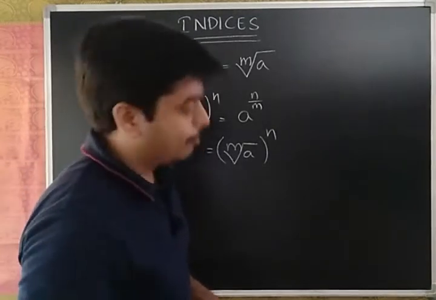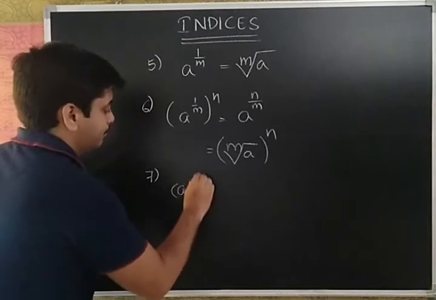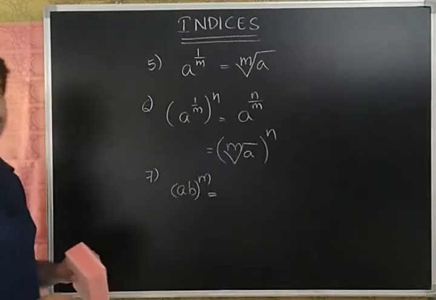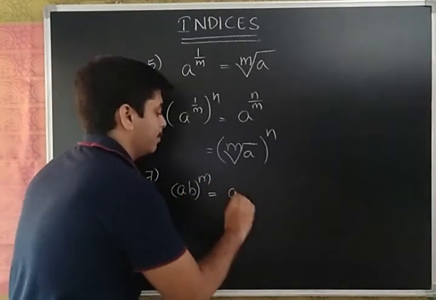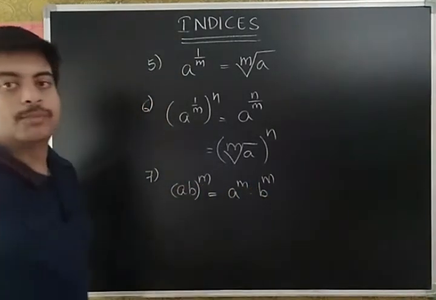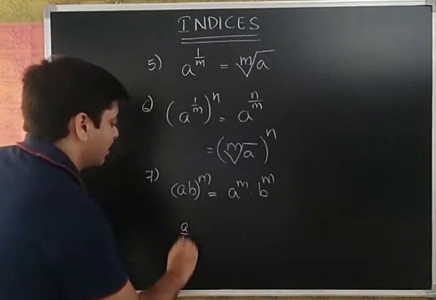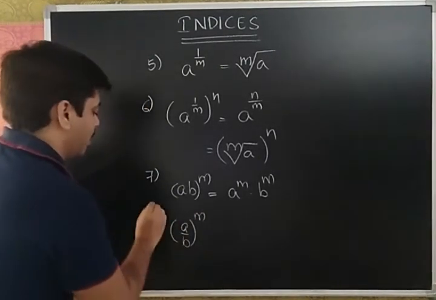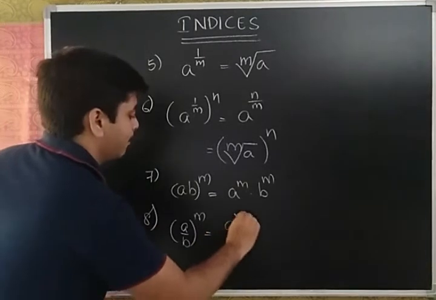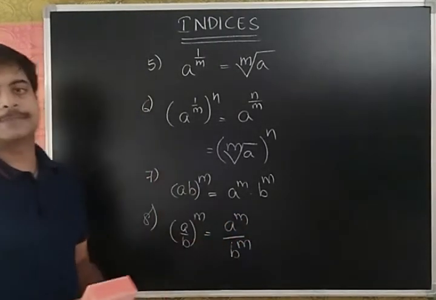In the same way, we have more properties: ab whole power m is equal to a power m into b power m. You can apply the power individually to both terms. Similarly, a by b whole power m is equal to a power m by b power m. You can take some examples and check all this.